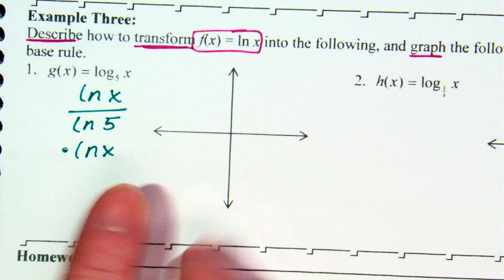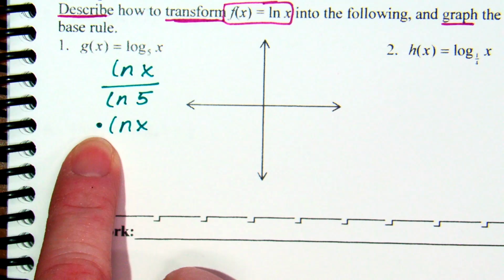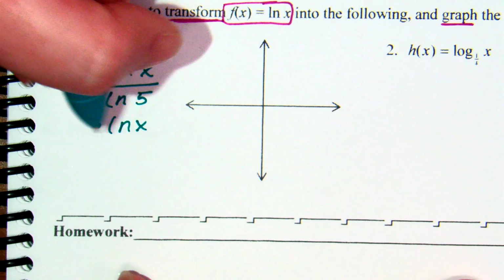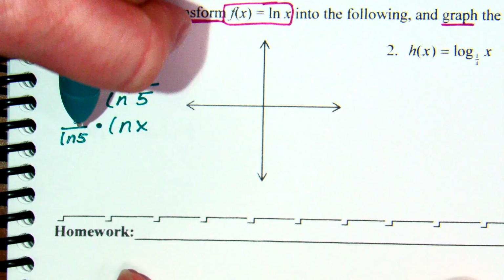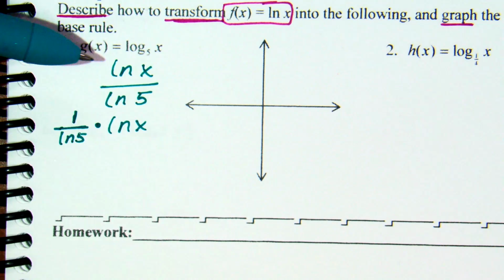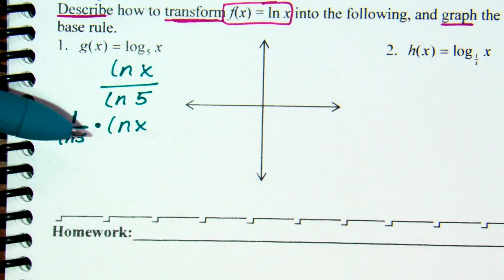Now, if this is natural log of x divided by natural log of 5, if you pull that natural log of 5 out front, it's in the denominator, so it could be 1 over natural log of 5 times natural log of x.